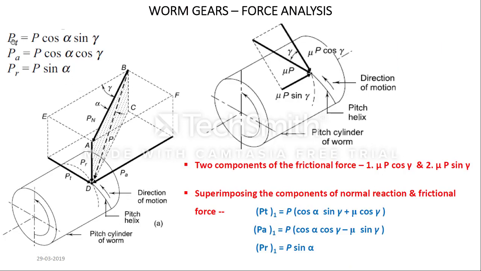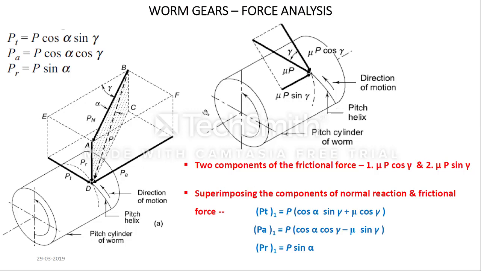As we know, PT is equal to P cos alpha sin gamma, PA is P cos alpha cos gamma, and PR is like this, and in this PT the component mu P cos gamma will get added. So you can see PT will be equal to P cos alpha sin gamma plus mu P cos gamma, with P taken outside.